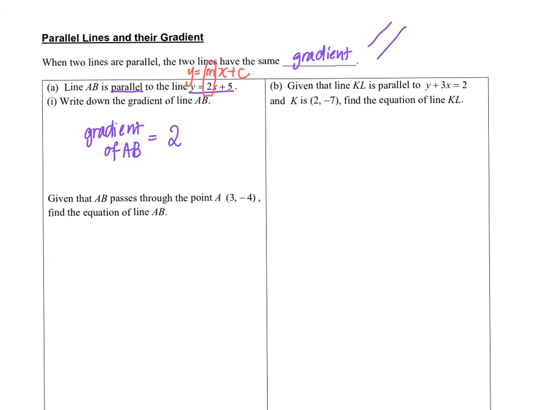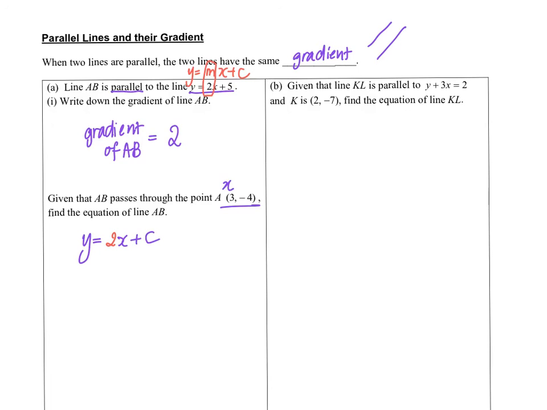Now we know that the gradient of AB is 2. They tell us in the second part that AB passes through the point A to be this. So how do I find the equation of this straight line? y is now equal to mx plus c. The m is the gradient, 2x plus c. So now how to find the y-intercept?